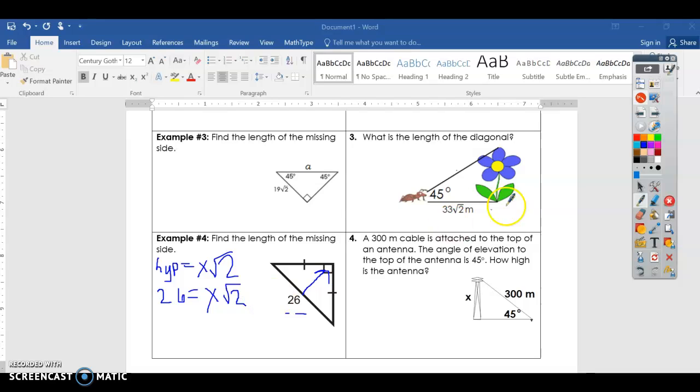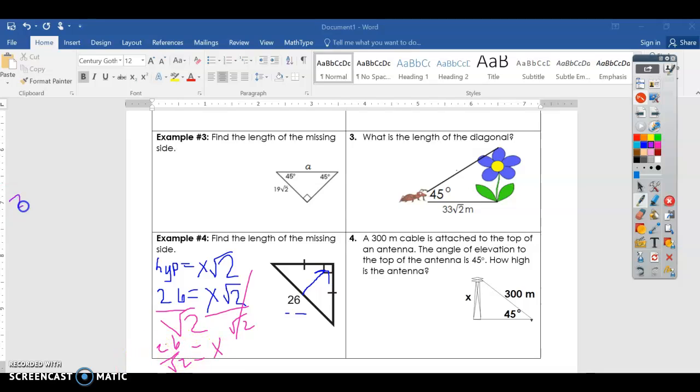To get x by itself, I'm going to divide both sides by the square root of 2. So x is equal to 26 divided by square root of 2. And then please remember that you can't leave the square root at the bottom of your fraction.